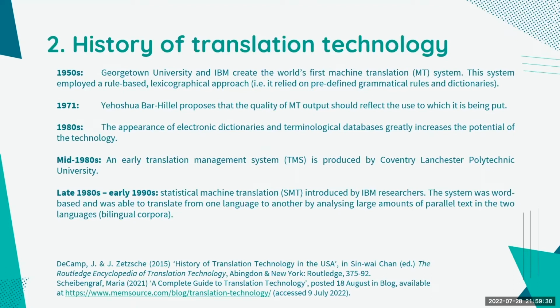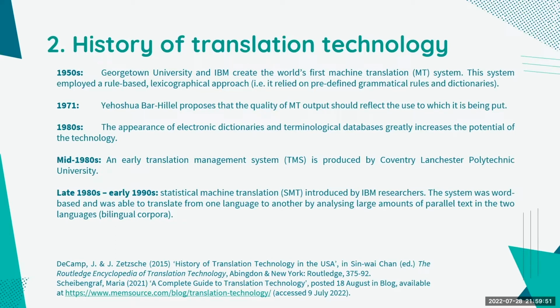In the 1950s, Georgetown University and IBM created the world's first machine translation system. It employed a rule-based lexicographic approach, as it relied on predefined grammatical rules and dictionaries.